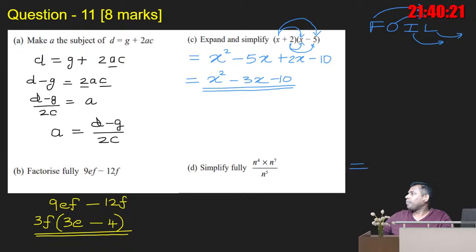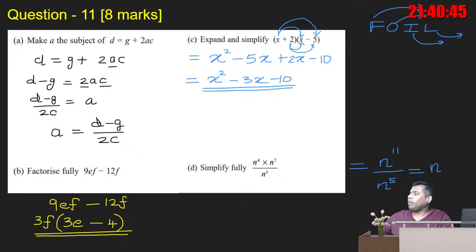It's the power law. When the bases are the same and you're multiplying, powers need to be added together. So n to the 7 plus 4 is n to the 11, over n to the 5. So n to the 11 divided by n to the 5.